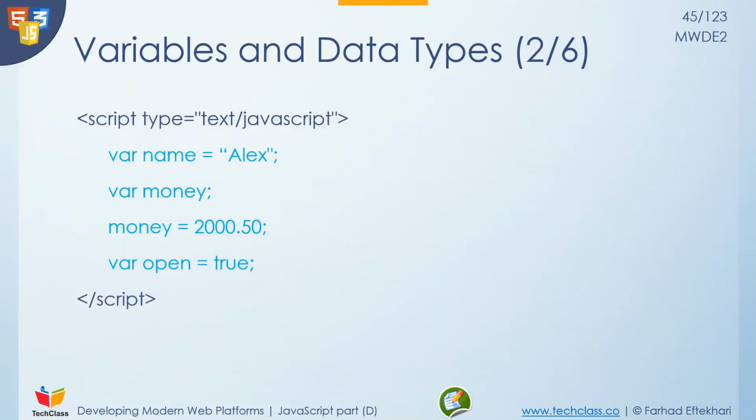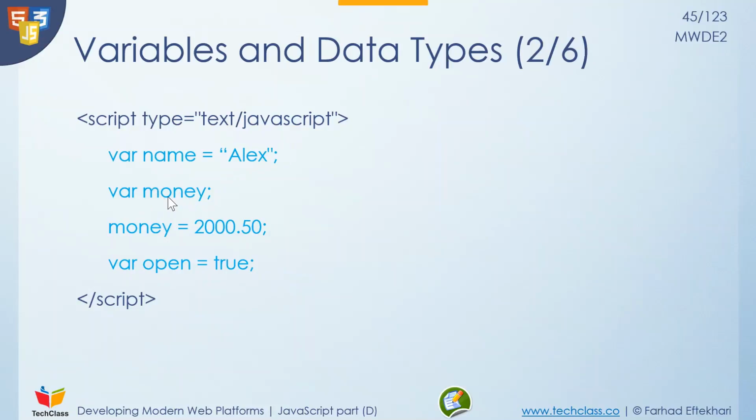Now in this example, you can see we have different types of variables. We have 3 variables. The first one we name it name, and then I assign a value of Alex to the name variable. And here I declare variable money.